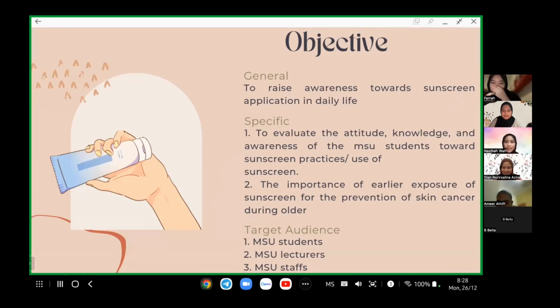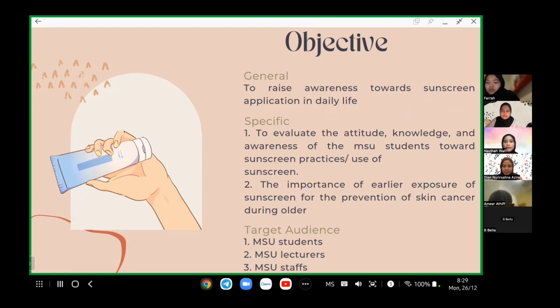There are two types of objectives for why we conduct this campaign: first is the general objective and the second is the specific objective. The general objective for this sunscreen awareness campaign is to raise awareness towards sunscreen application in daily life. Whether male or female, it is a must for everyone to apply sunscreen in daily life.